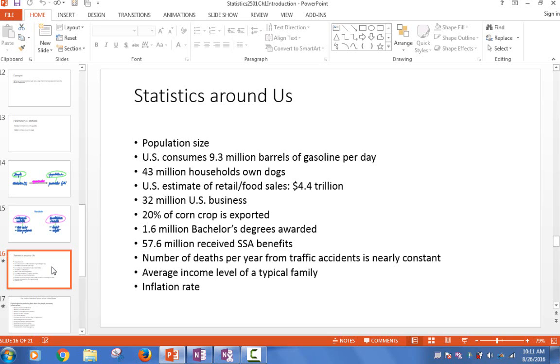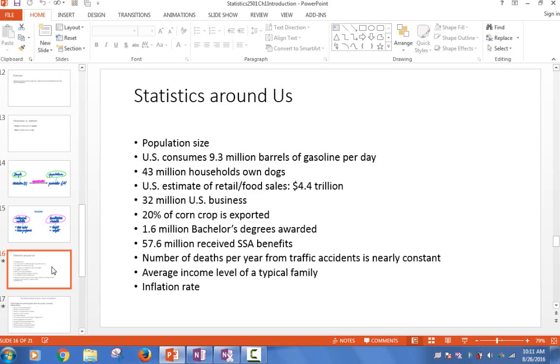57.6 million people received SSA benefits. The number of deaths per year from traffic accidents is sort of little. If you look at the number of deaths per year, or even the number of accidents per year, traffic accidents, it is nearly constant year by year.